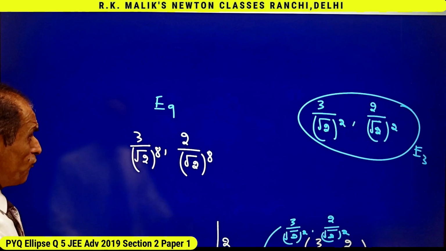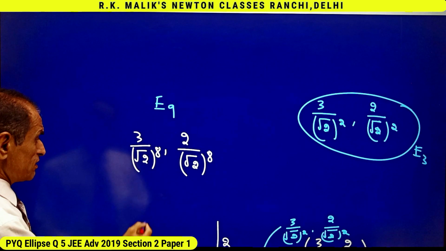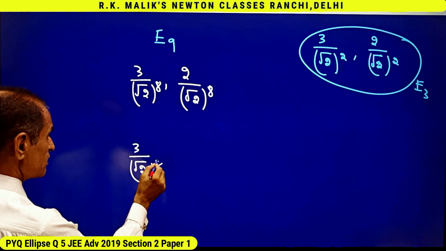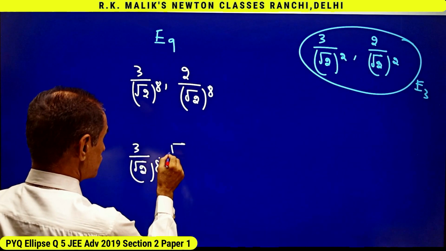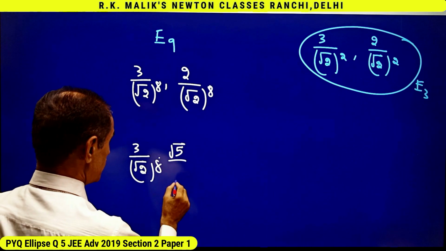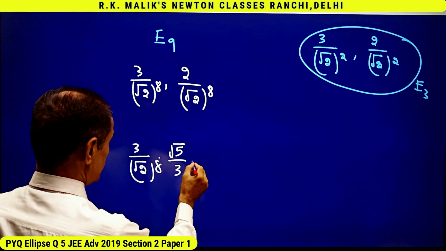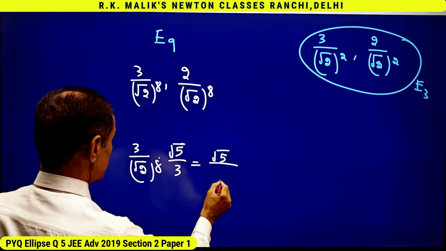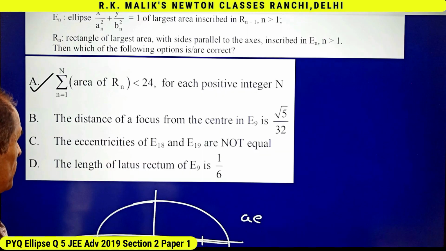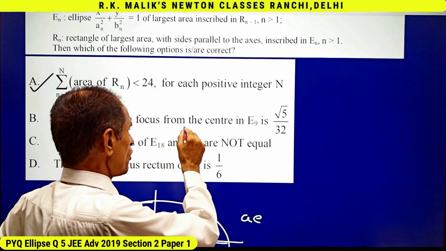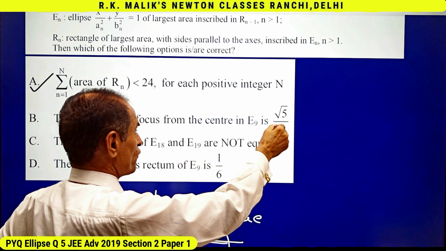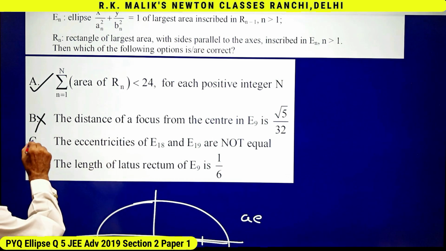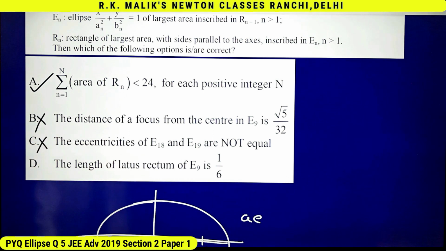Therefore, the distance of the focus of E9 from the center will be 3 by root 2 to the power 8 into e. e is root 5 by 3, that is root 5 by 16. But in this case, the distance of the focus from the center is given as root 5 by 32. Hence, choice B becomes wrong. Choice C has already been proved wrong.